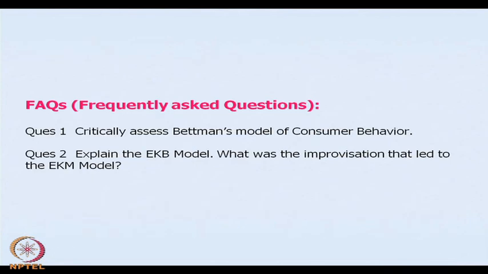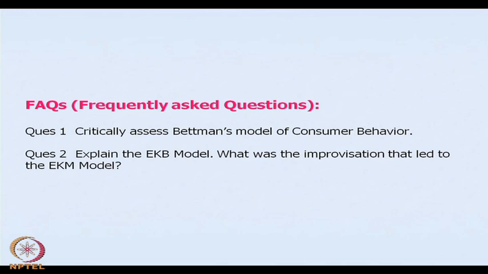Short questions, frequently asked questions. Question number 1, critically assess Bettman's model of consumer behavior. So, you will first discuss the model, start with the assumptions of the model, explain and illustrate the model, define the various constructs or components of the model, make an assessment of the model, and finally talk about the relevance in the context.